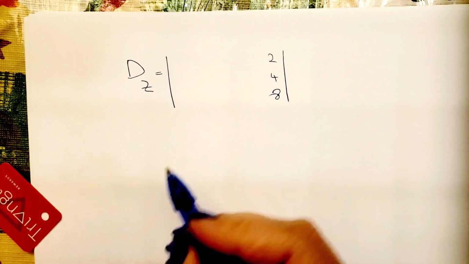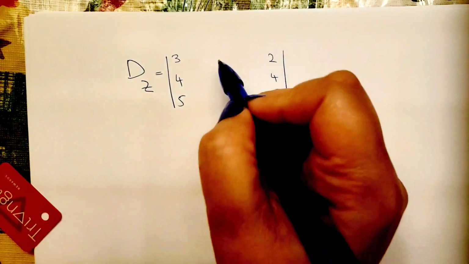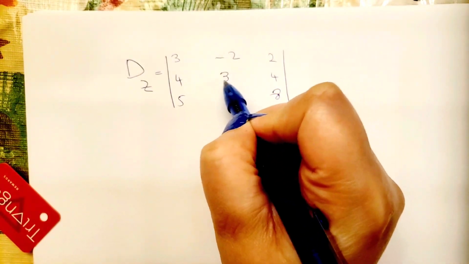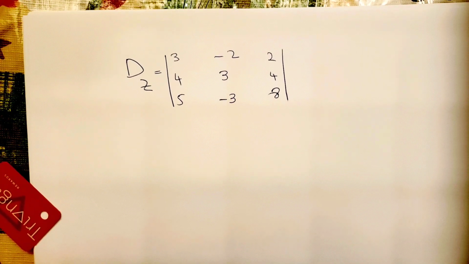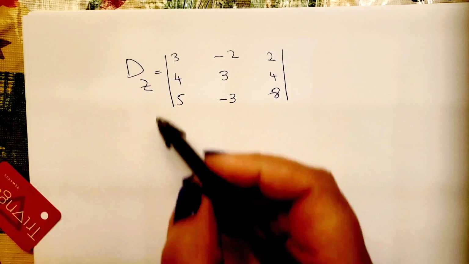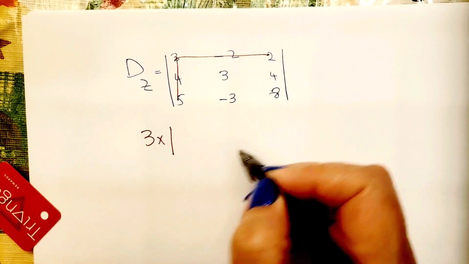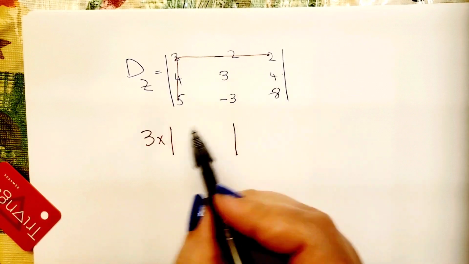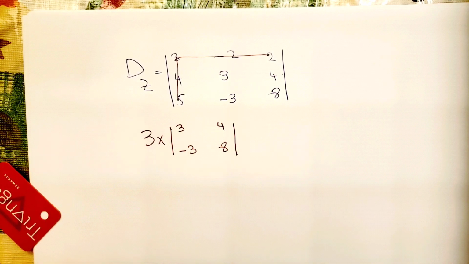The first and second columns would be 3, 4, 5, and then -2, 3, -3. Okay, so now let's do this 3 by 3 determinant. Okay, so the first main number is 3 times 3, 4, -3, and 8.